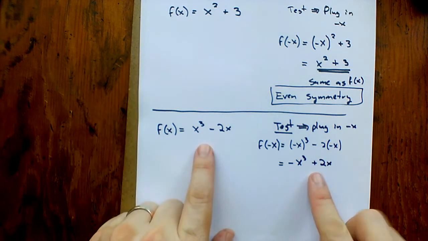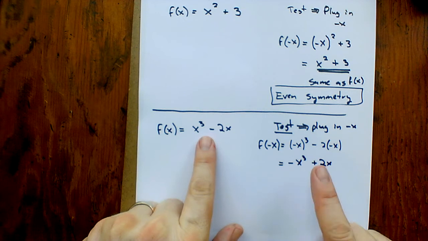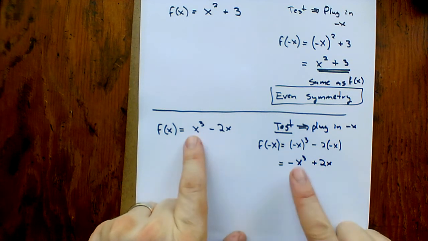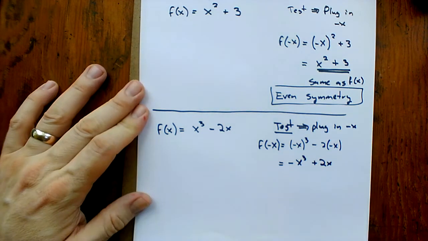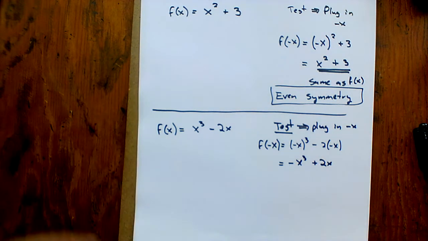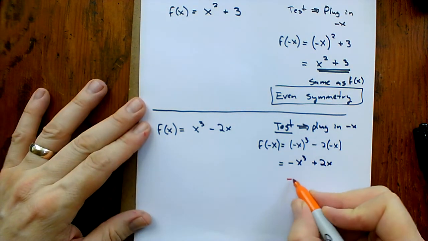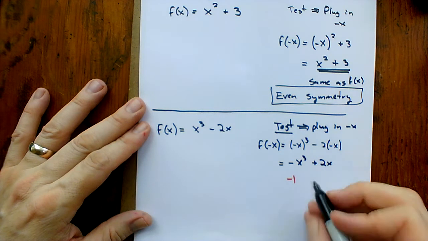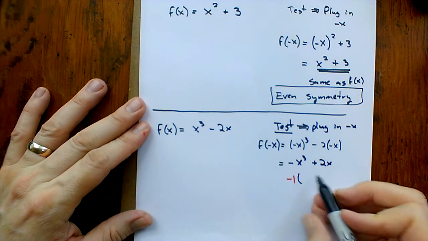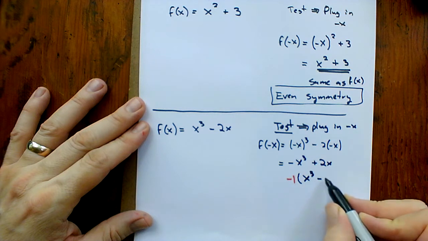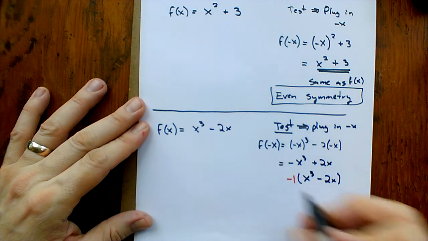Well, these two functions look the same, except that all of our signs are reversed. So I'm going to factor out a negative 1. And when I factor that out, both of these signs are going to change. It's going to be x cubed minus 2x.